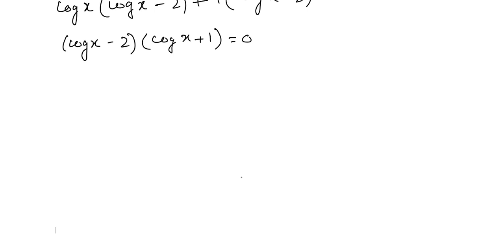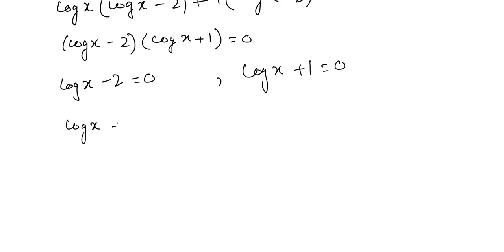Now by either condition we can say that log x minus 2 is equals to 0, or log x plus 1 is equals to 0, and from here we have log x equals to 2, and we know that here we have a base of 10, so it will be x is equals to 10 raised to the power 2, and x will be 100.